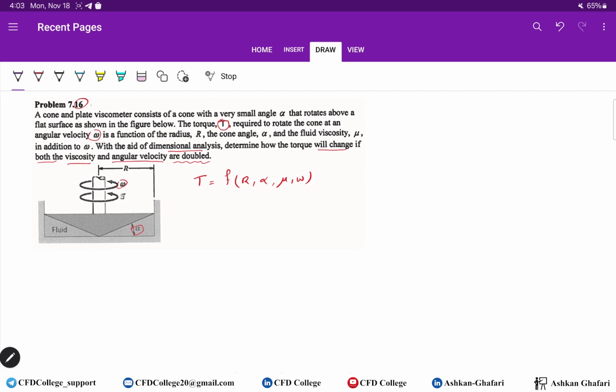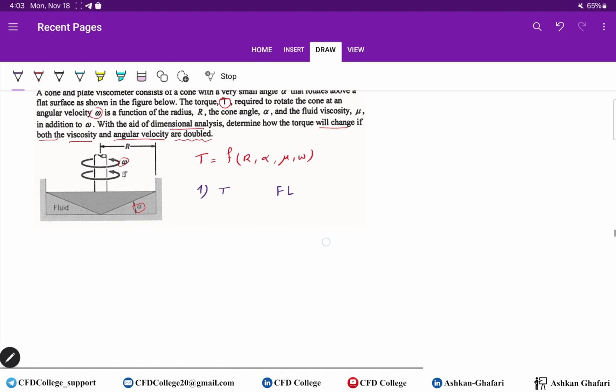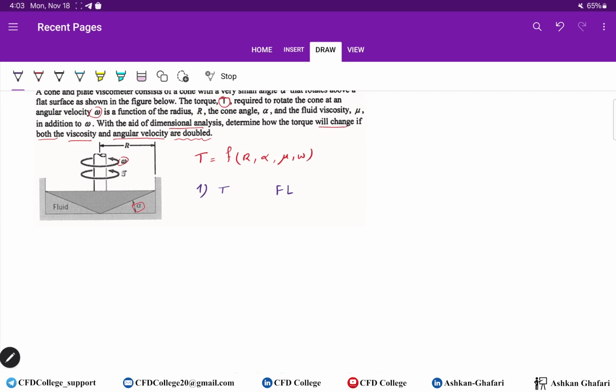So first, make the list. Torque, the unit is FL. If you don't know this, as you know, torque is equal to R times F. F is force, R is length.